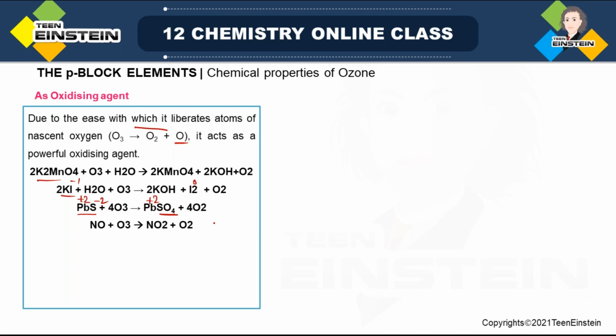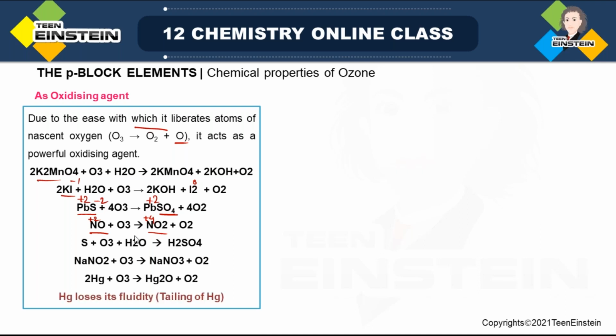So that is why it is oxidation with respect to sulfur, from -2 to +6. Number 4, nitric oxide is converted to nitrogen dioxide. That means from +2, now it is +4. So this is also oxidation.